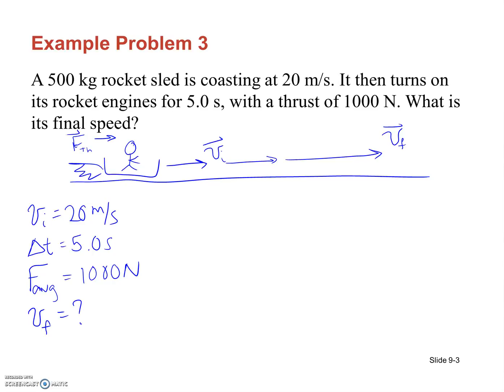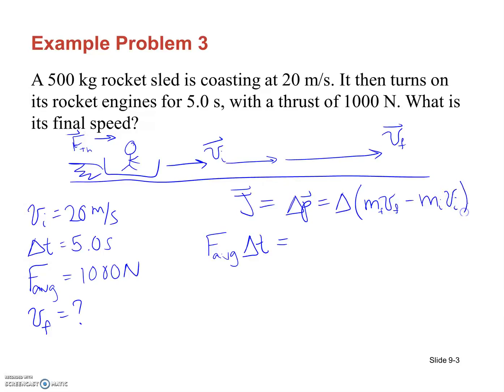Okay, so we've got our picture. We're going to use the impulse-momentum theorem that tells us that an impulse leads to a change in momentum. On the left-hand side, our impulse, well, it's to the right, so we have a positive average force times a time interval, delta t, and that's equal to the change in momentum. Technically, this is the final mass times final velocity minus initial mass times initial velocity.